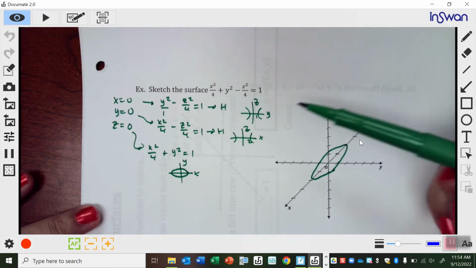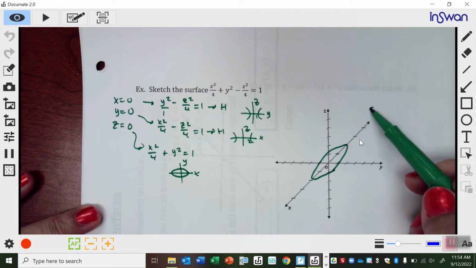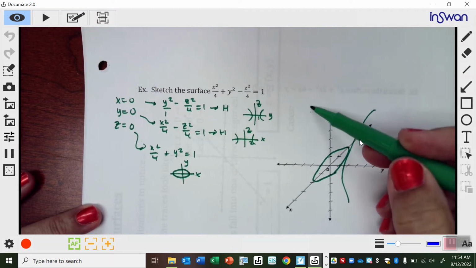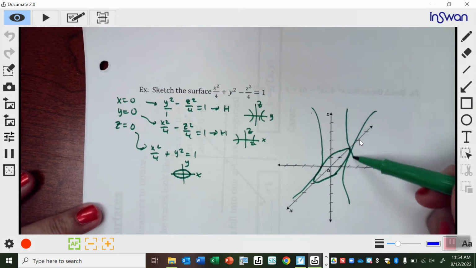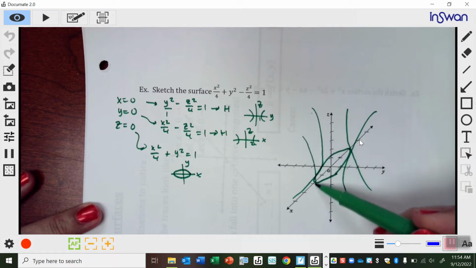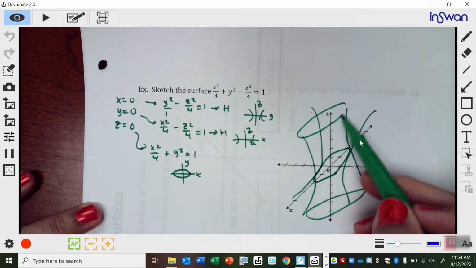We have hyperbolas crossing the y-axis, like here and here, right? And we also have hyperbolas crossing on the x-axis back there and over here. It's kind of hard to see, but this ellipse is still there, down there, and above here.